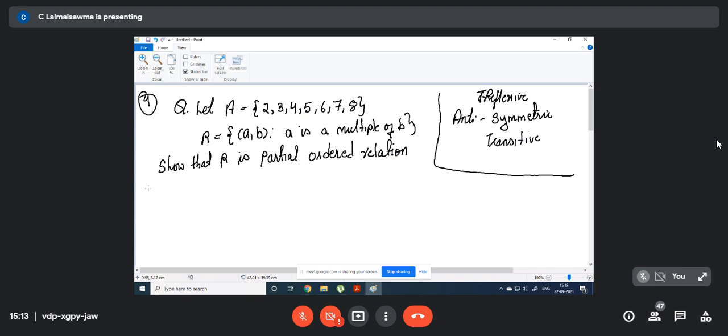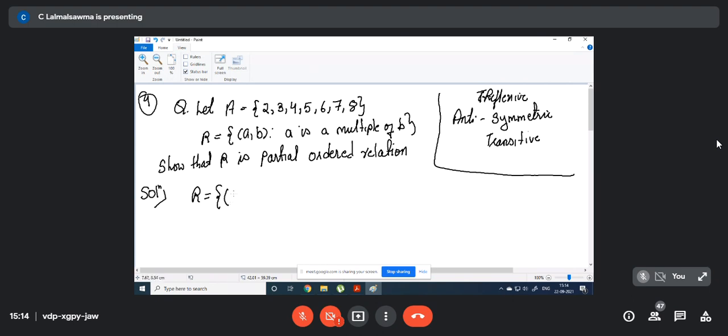So for the solution, the steps are the same as before, but we have to find reflexive, anti-symmetric in place of symmetric, and transitive. Here the set is not infinite, there are only 7 elements, so we can write the value of R. Here are all the pairs such that a is a multiple of b.